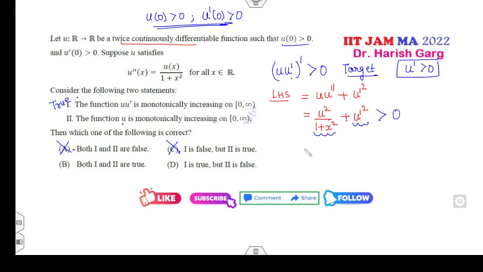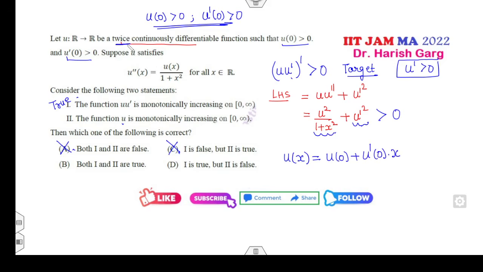Your target is to prove u dash of x is greater than 0. I can apply the Taylor series. What is u of x? That will be u of 0 plus u dash of 0 into x.